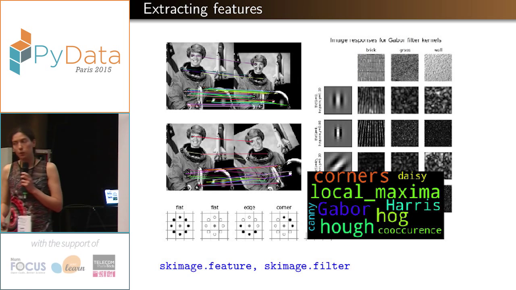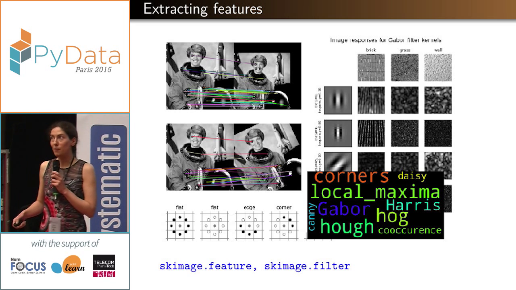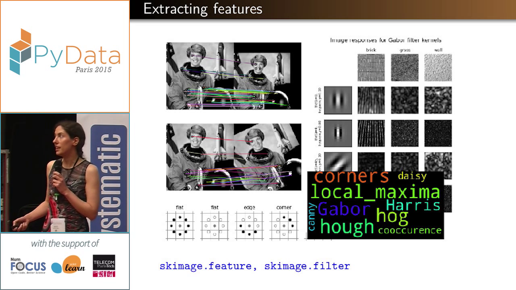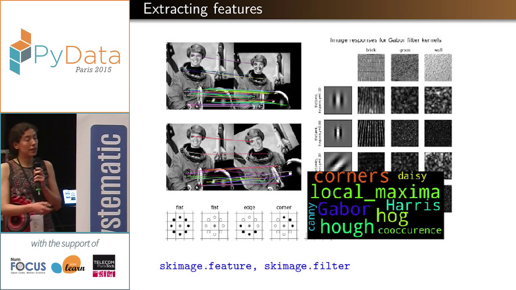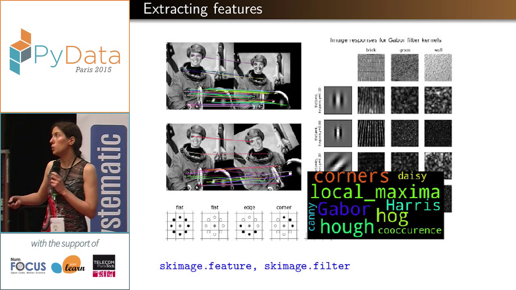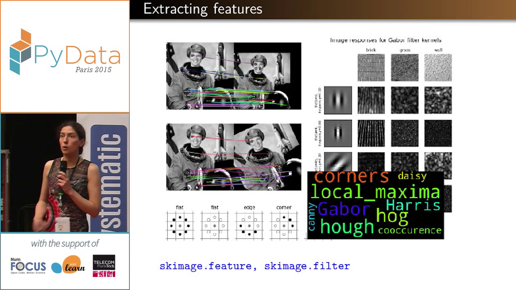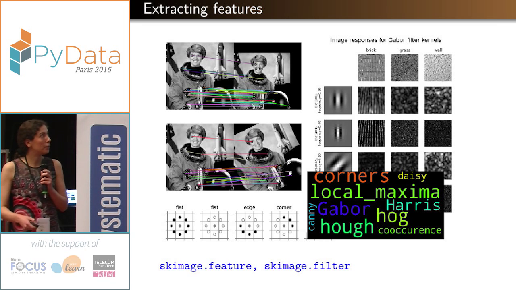And what might be of interest also to the PyData crowd is feature detection. So extracting some features from the images to feed afterwards to a classifier or an estimator of the Scikit-learn package.